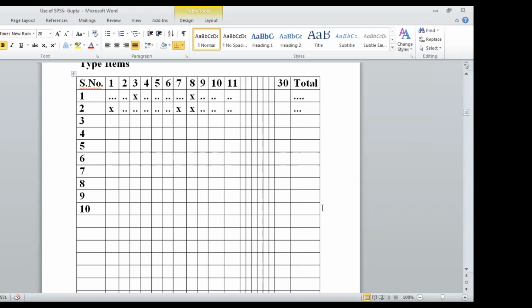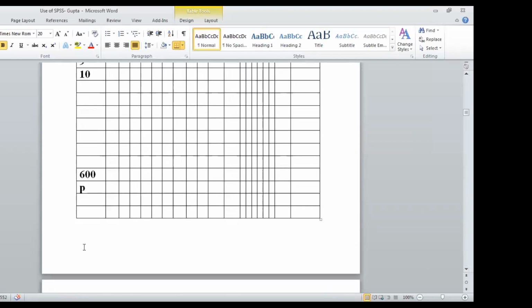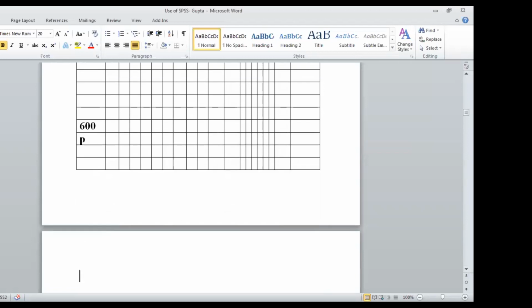So now what you can do is that you can count, and you can find out how many people have given the correct answer. So you find out P. P means proportion of the correct answer.